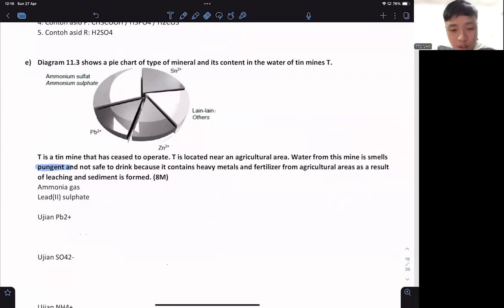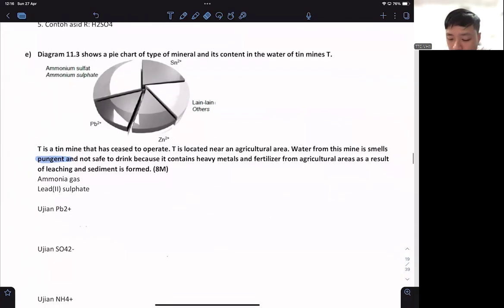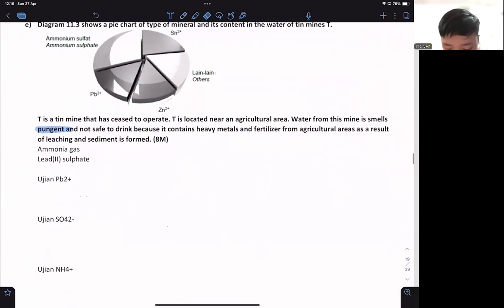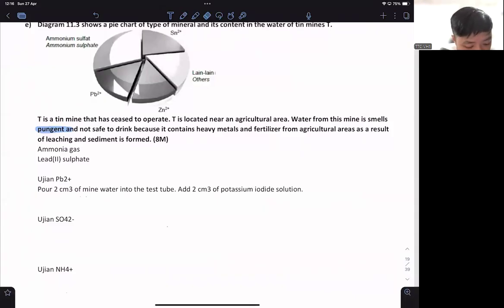The point is I want to focus on the test. Now how do you do the test for Pb2+? You put 2.0 cm cube of mine water into the test tube.